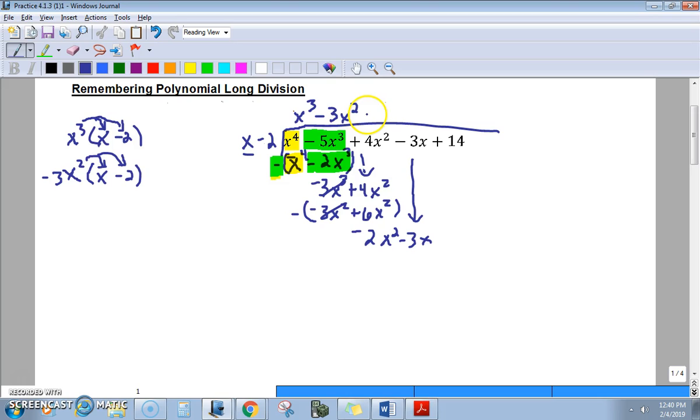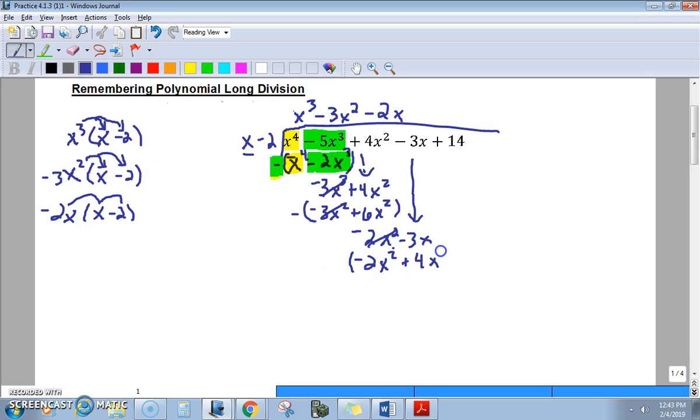I need negative 2x squared, so I need to multiply that x by negative 2x. So I take what I just put on top, and I multiply it by x minus 2, and I distribute. And that gives me negative 2x squared plus a negative times a negative, plus 4x.